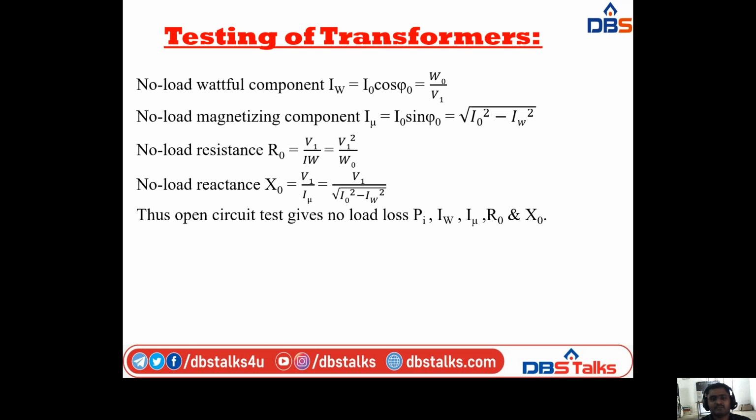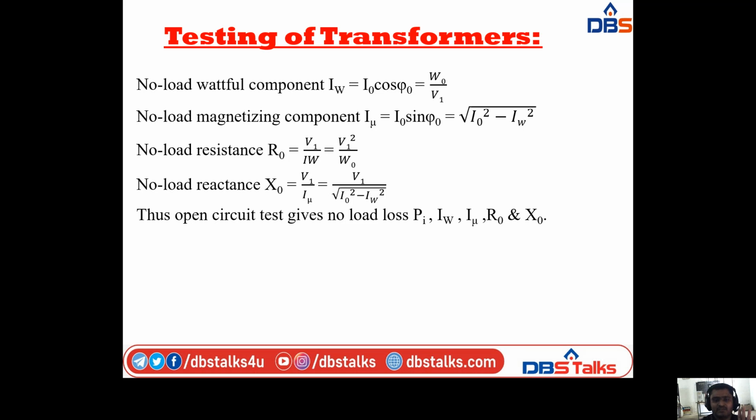Next, the no load active component, I W, is equal to I naught cos phi naught, that is equal to W naught by V1. The no load magnetizing component, I mu, is equal to I naught sin phi naught, that is equal to root of I naught square minus I W square. The no load resistance, R naught, is equal to V1 by I W.